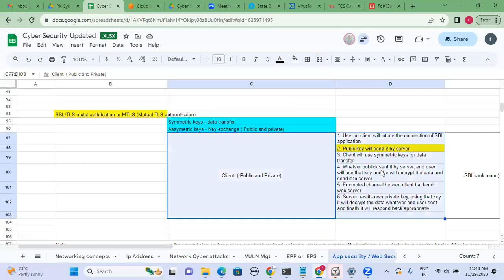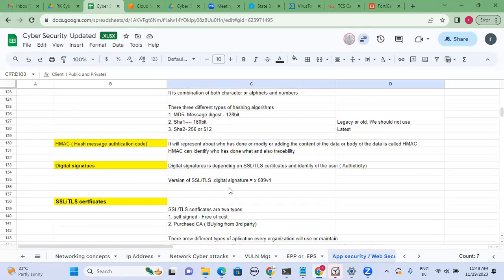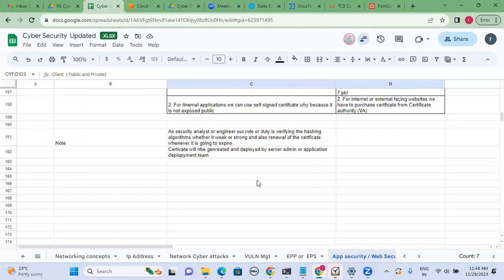These are very important topics from the interview point of view. What is symmetric cryptography, what is asymmetric cryptography, differences between them, examples of each, and finally SSL/TLS mutual authentication. On the certificate side, we cannot expect that much. Integrity and certificate side. Okay, clear?